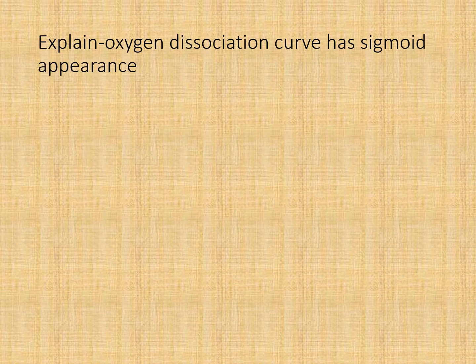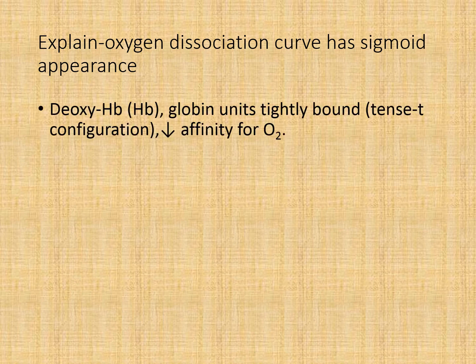Explain. Oxygen dissociation curve has a sigmoid appearance. Deoxyhemoglobin, or simply hemoglobin: here the globin units are tightly bound, that is the tense configuration, which has low affinity for oxygen, or simply the oxygen binding sites are covered, not exposed.